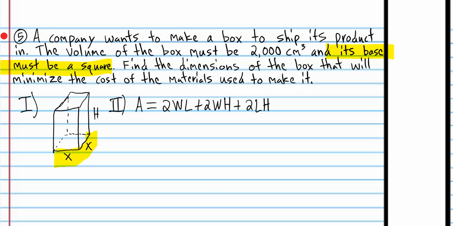We have two sides here, and then two other sides, so there are 6 sides, and we're just adding up the area of each side, and each side is a rectangle. In this case, 2 of the sides are squares. So you're adding up the area of 6 rectangles.